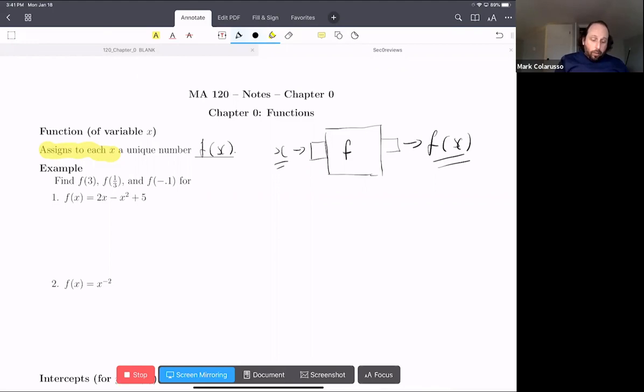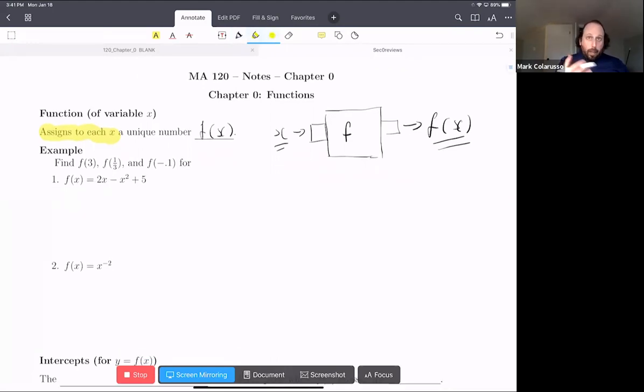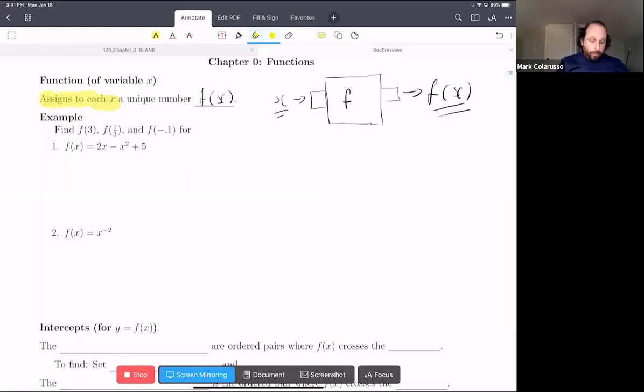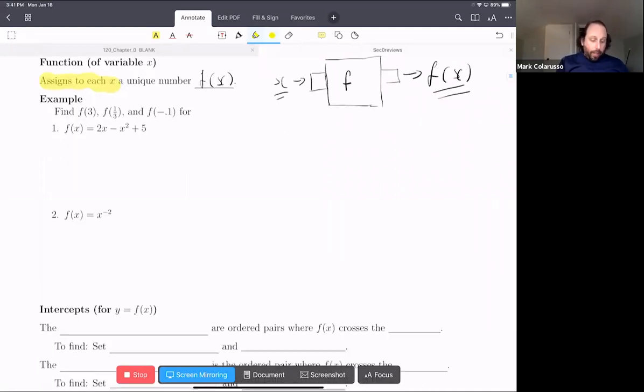Often in calculus and many applications, we denote functions by formulas involving x. So here we have an example of two functions. The first one, f of x is equal to 2x minus x squared plus 5.